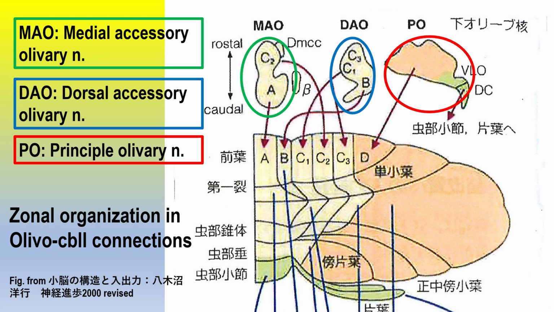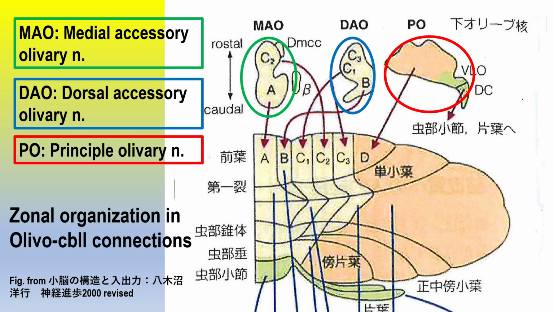A prominent feature of the olivocerebellar pathway is the zonal organization observed in the termination areas of climbing fibers.